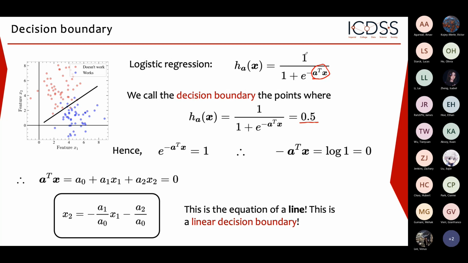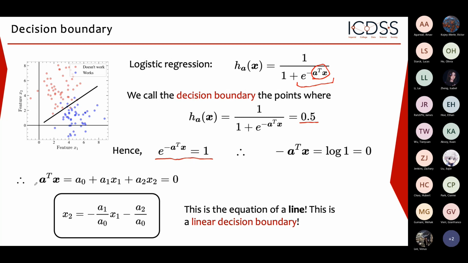So you see we have a 1 here, we have a 1 here. 0.5 means 1/2, so this thing needs to be equal to 1, which is what we're writing here. Now if we take the log on both sides, we're going to get minus a dot x is equal to log of 1. Log of 1 is equal to 0.